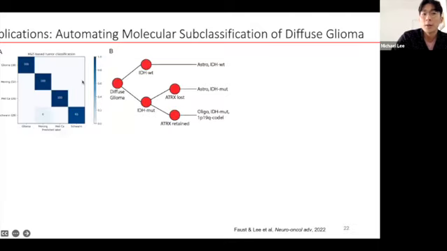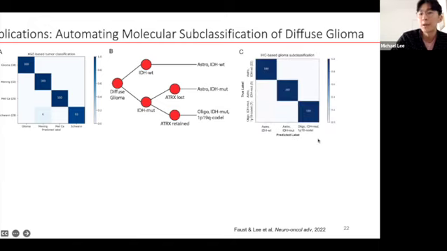And so by using this decision tree, as you can see on panel B, with diffuse glioma being able to be subclassified into astrocytoma IDH wild type, astrocytoma IDH mutant, and oligodendroglioma, we wanted to see if our workflow was able to successfully classify different glioma cases into these subcategories using our semantic segmentation, a histomorphological classifier, as well as the immunohistochemistry-based quantification.